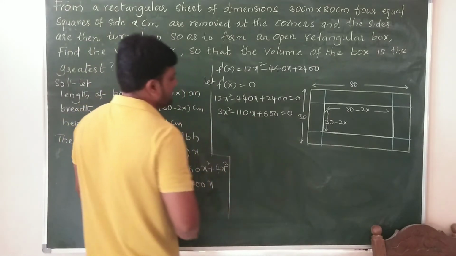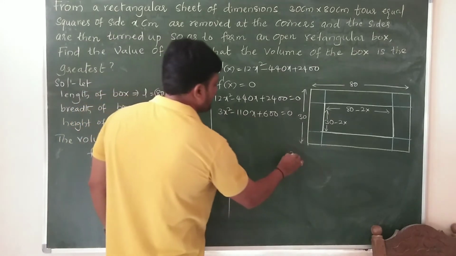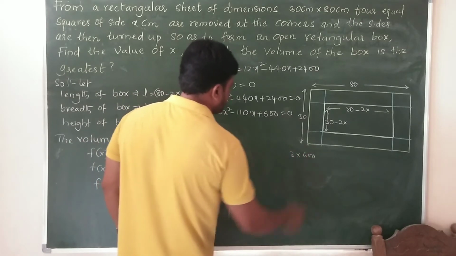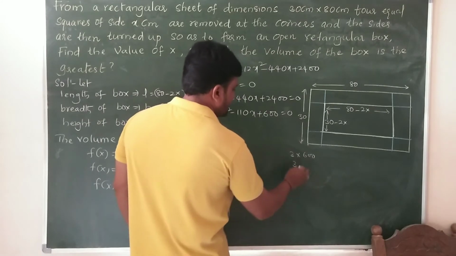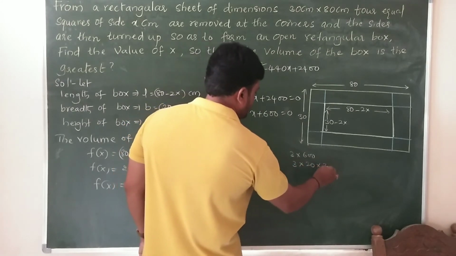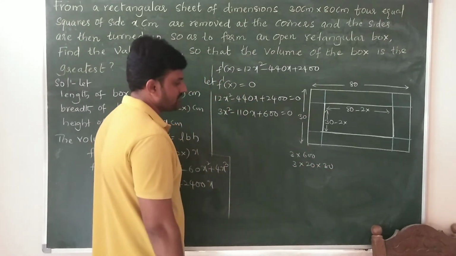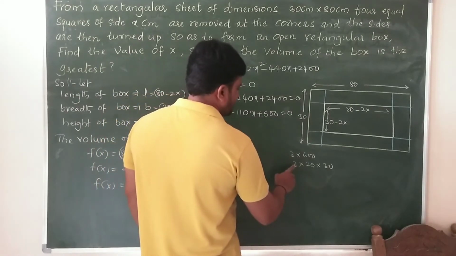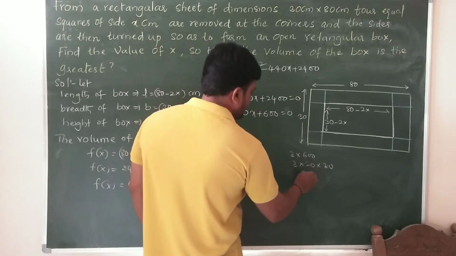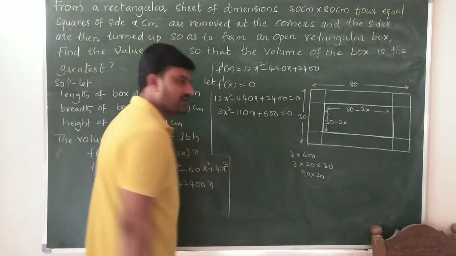For splitting, 3 into 600, how to get 110? Observe 3 into 30 is 90, and 90 into 20, 90 plus 20 is 110.